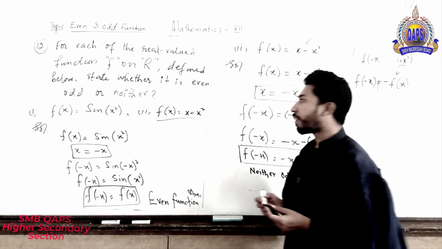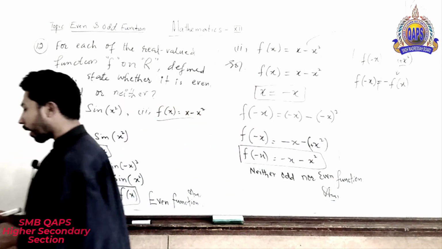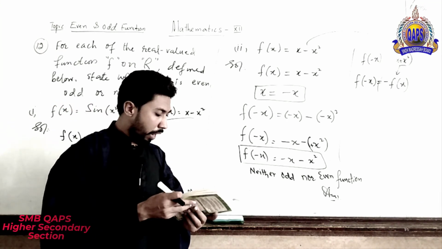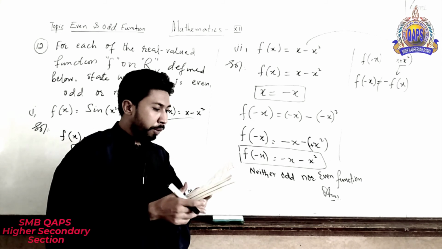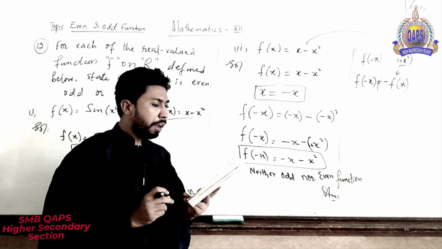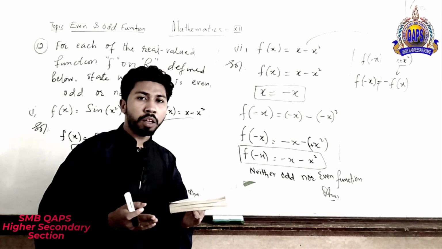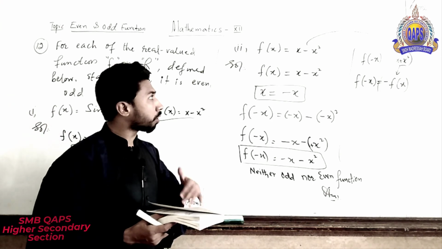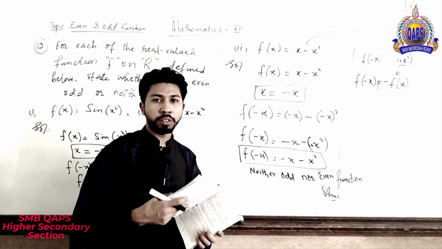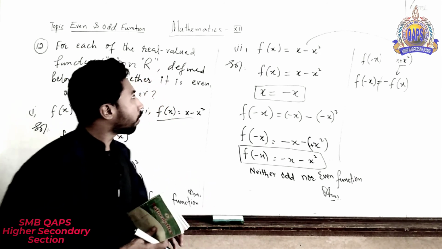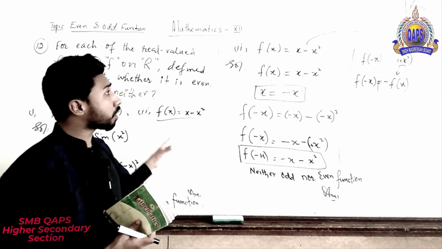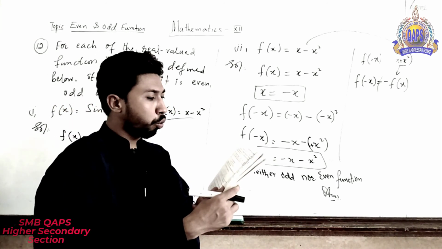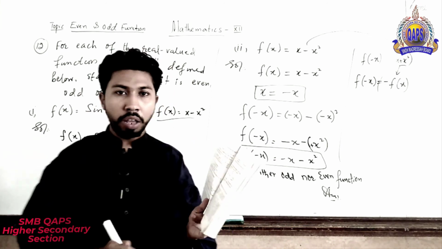Same here, question number 12, part number 3 and part number 5 are homework for you, and part number 4 and part number 6, inshallah, I will do myself in tomorrow's lecture. I hope you are understanding these topics briefly. These are the two examples you have solved.